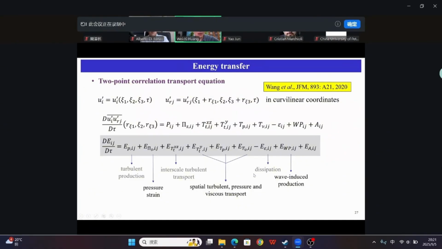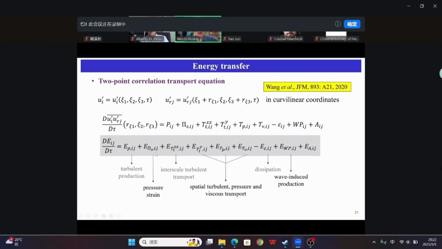To understand more quantitatively, we check the transport equation of the two-point velocity correlation. This is the transport equation transformed into the scale space.